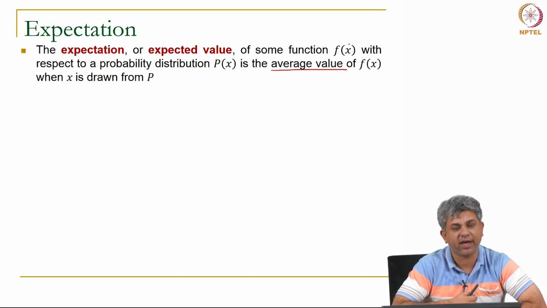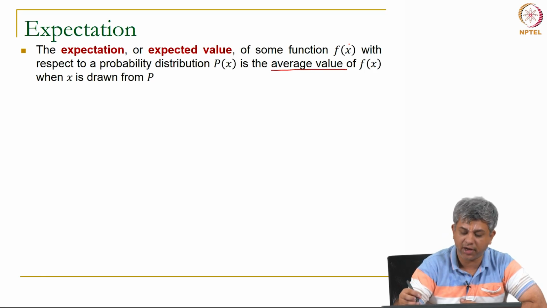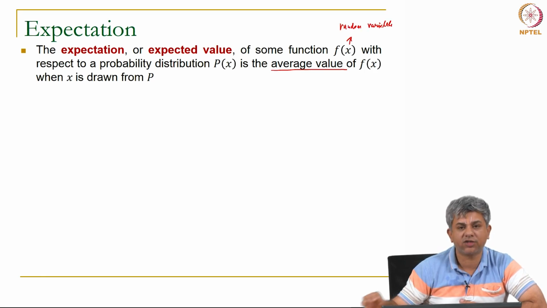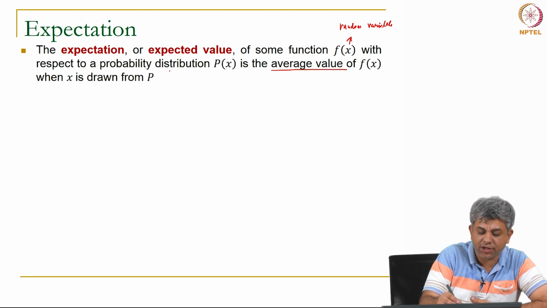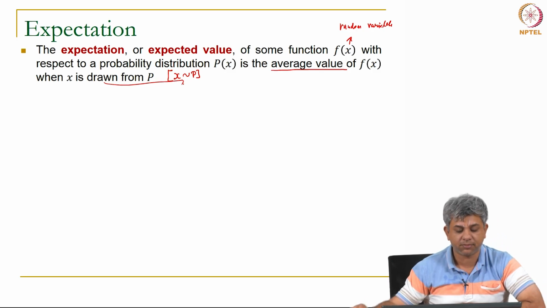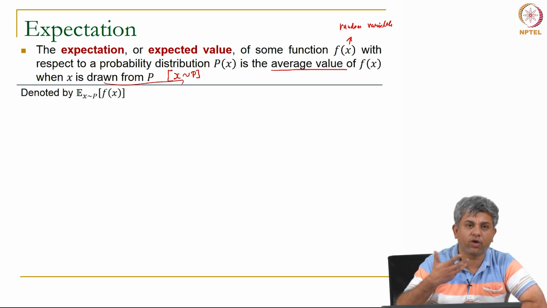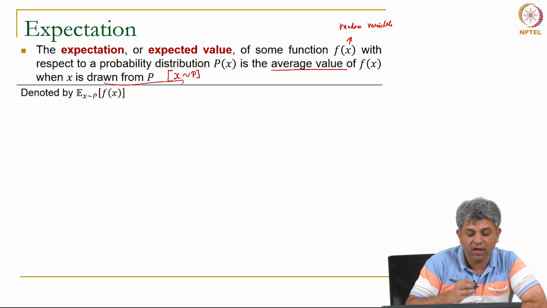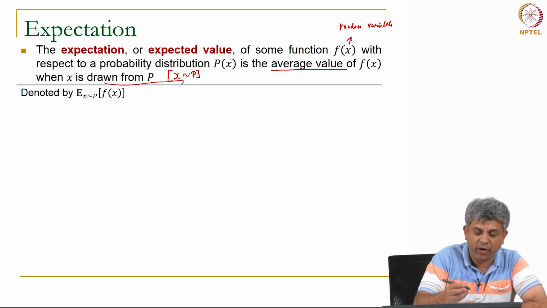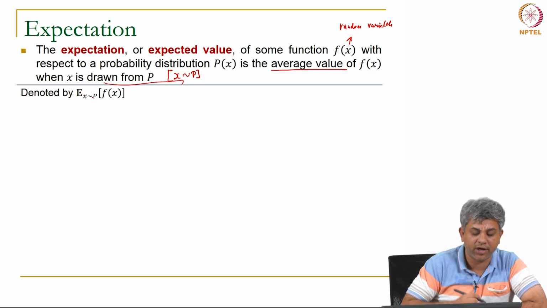The expectation, or the expected value, both these terminologies are used, of some function f of x of a random variable, where x is a random variable, is the average value of f of x when x is drawn from a probability distribution P. Recall the notation: x is drawn from P is written as x tilde P. The notation that we use is the expectation of f of x, notice the square brackets, because it is not quite a function, given that x is drawn from P. This is the notation that we will be using.